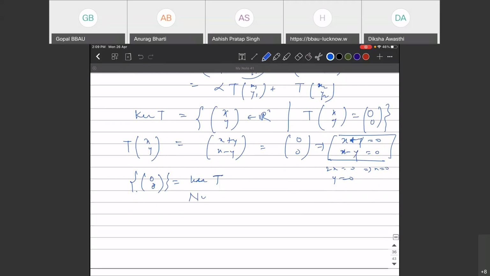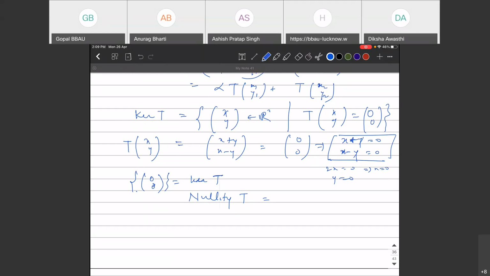So what will be the nullity of T? What is the definition of nullity of T? It is the dimension of the kernel of T. In this case, the dimension of the kernel of T is, tell me, 2?